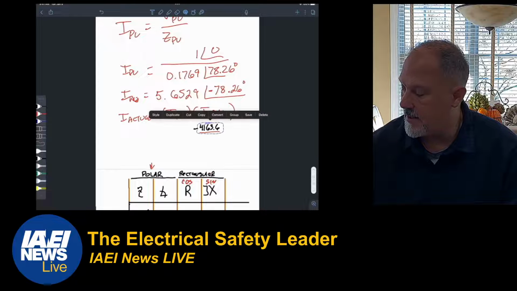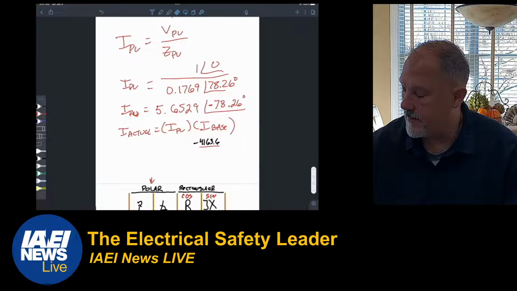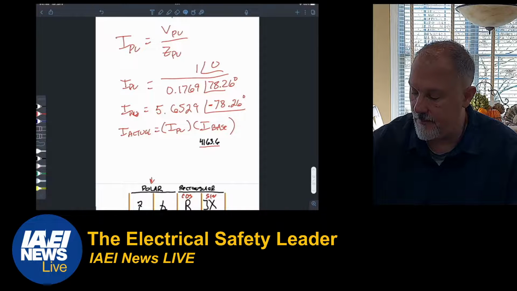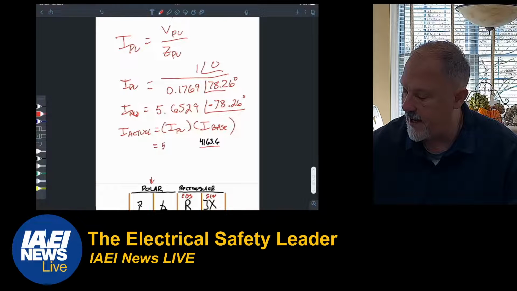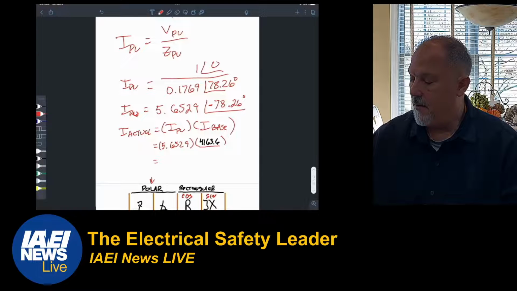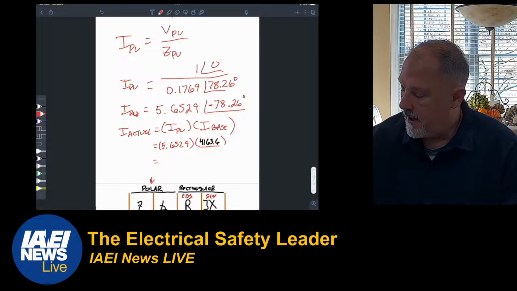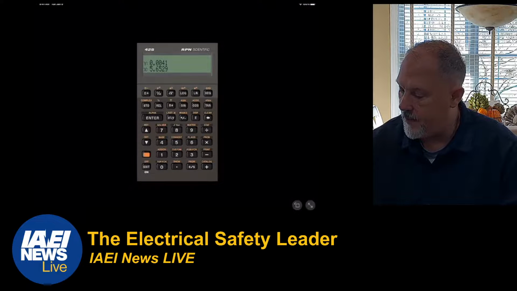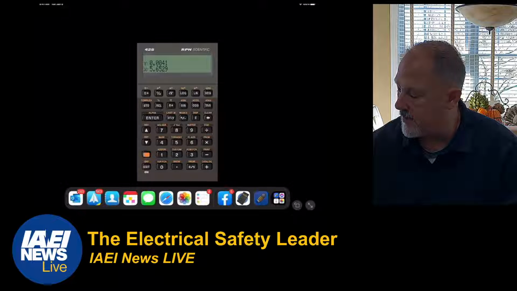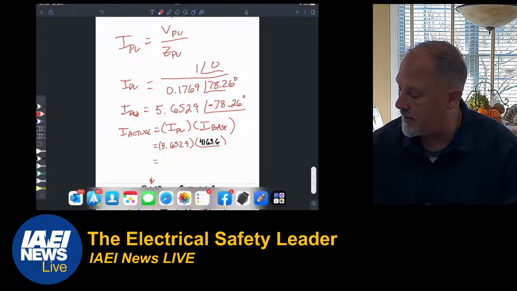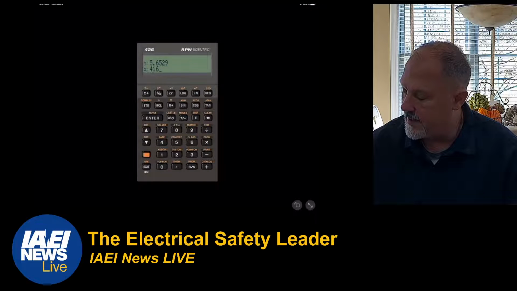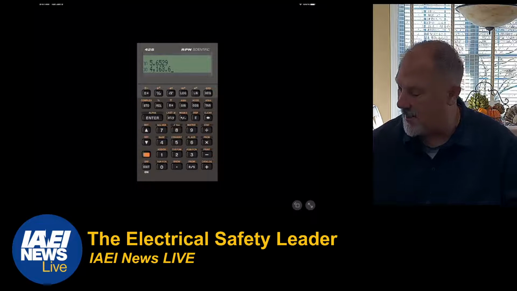So that's I base. I per unit is 5.6529 times 4163.6. 5.6529 is already in my calculator. 4163.6. I'm going to do the multiplication.